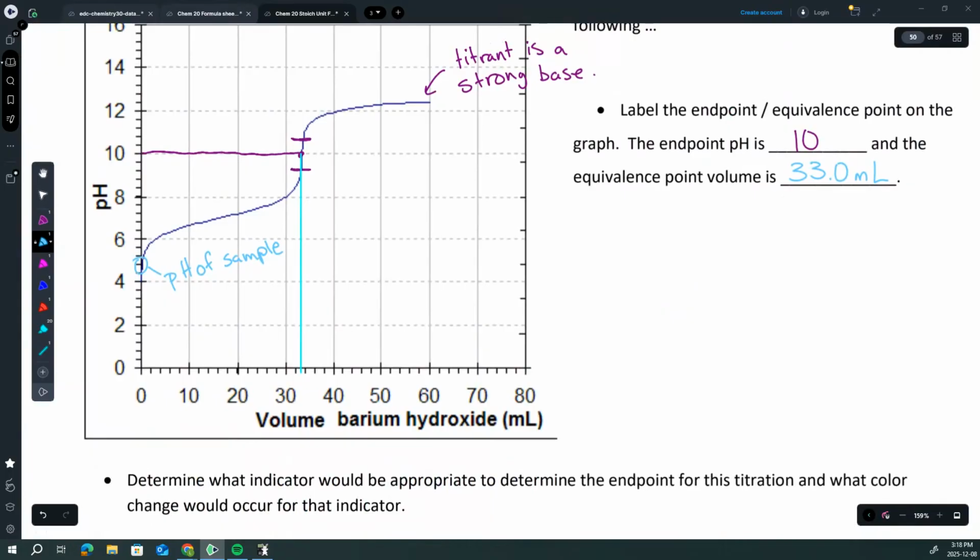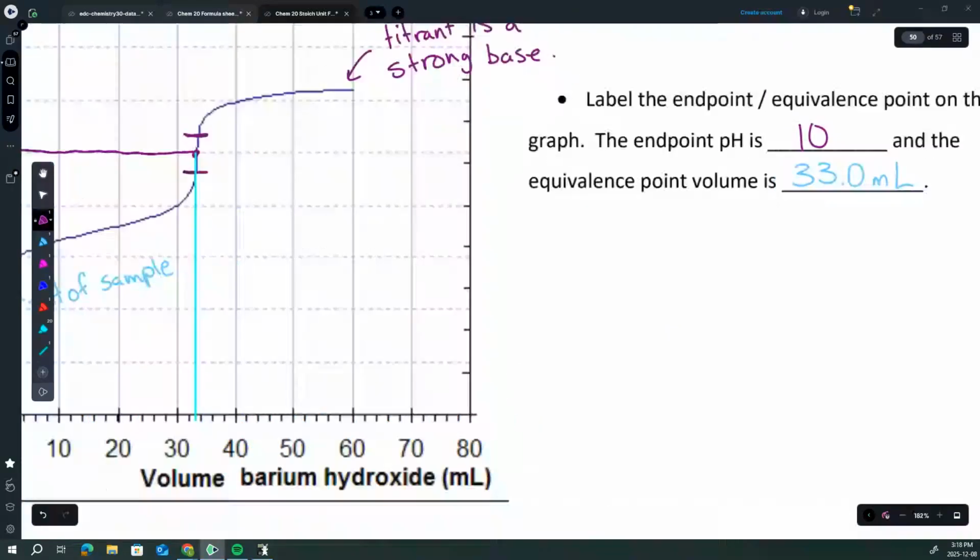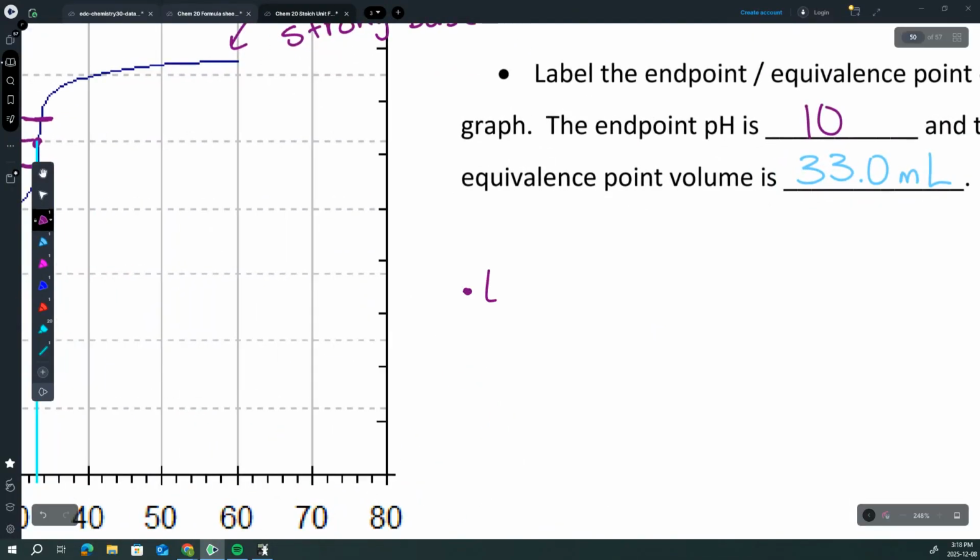One last thing that I want to add to this question, just because it's on the next example, is labeling the buffering area on a pH curve. So let's just add that in.